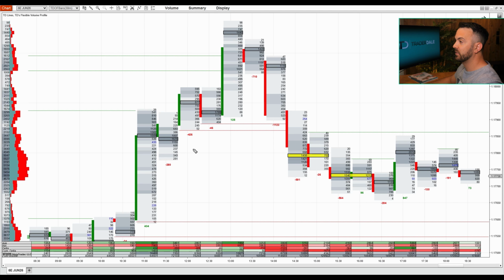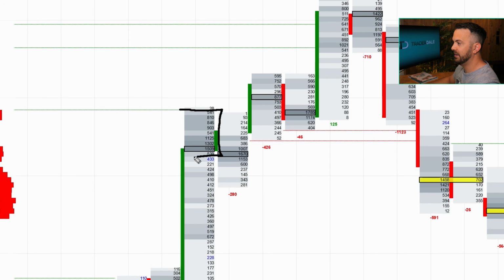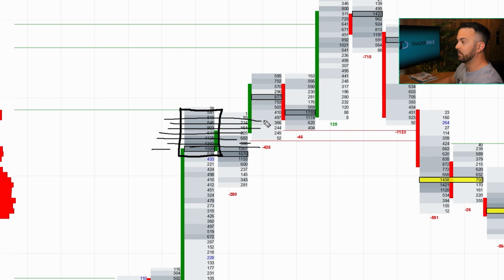Okay, and the reason I'm using this is because it's visually easier to read and it highlights areas where heavy volumes were traded. See, this darker shade of gray shows area where heavy volumes were traded, not just one level, but multiple levels.